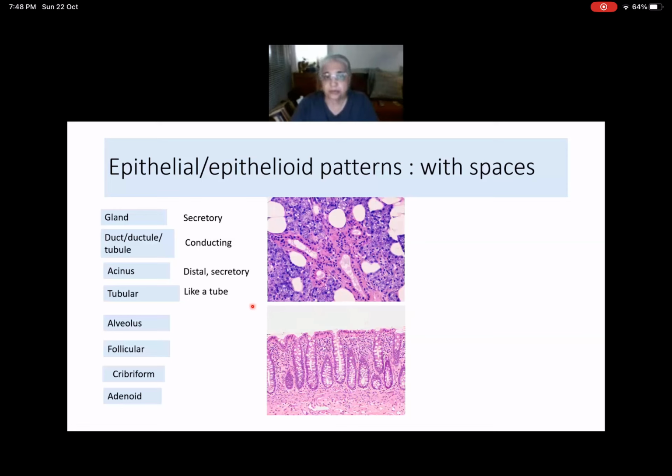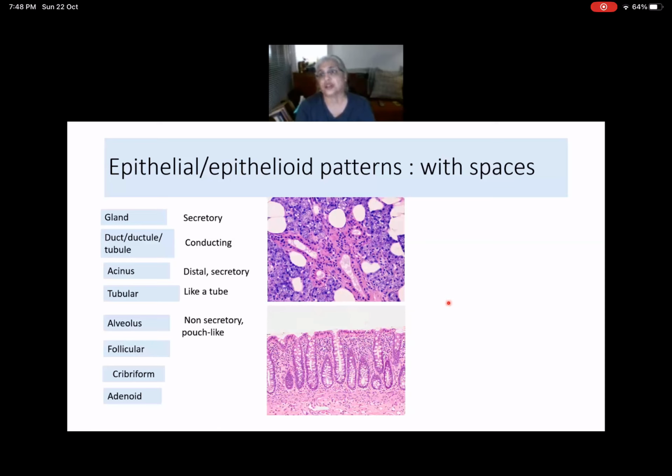So tubular means that it is like a tube, and everybody talks about this as being like test tube like glands. That's how one describes these kind of things. So it is a gland, but it is a tubular gland. A lot of tubules are just conducting, they're like ducts. So you can have ducts that are like tubules, and you can have glands that are like tubules.